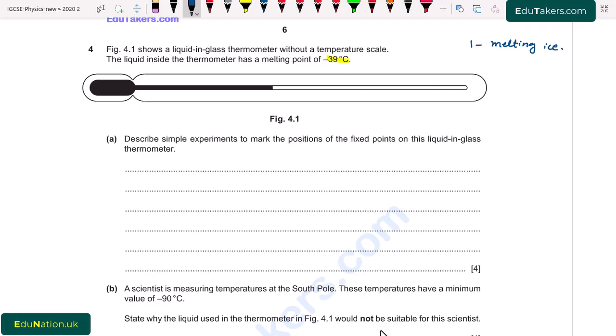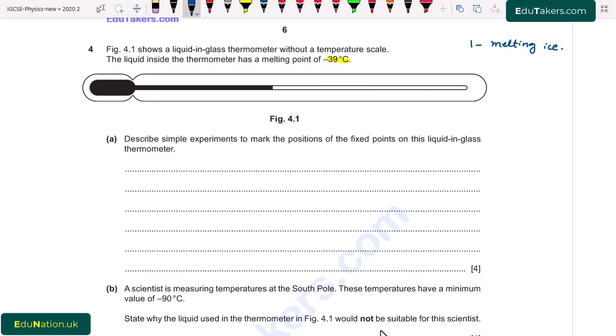Then you will see a point where the liquid inside the thermometer, called the bead, stops moving. We also have to remember that there is no change in temperature in melting ice, because all energy is used up to change its state. So when the bead inside the instrument stops moving, it means that it has reached the melting point.